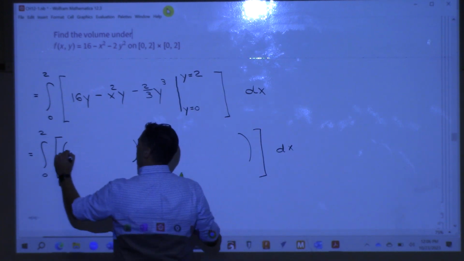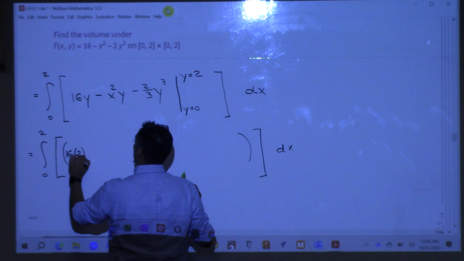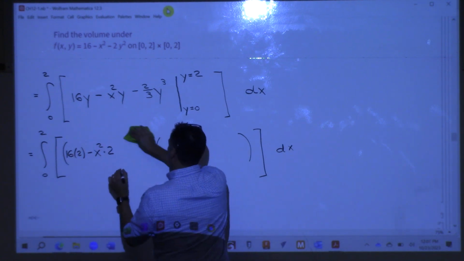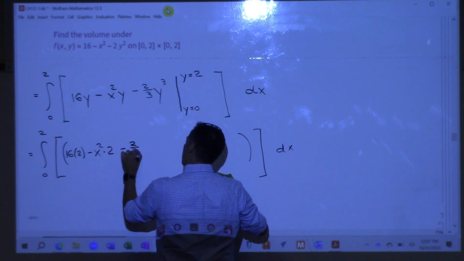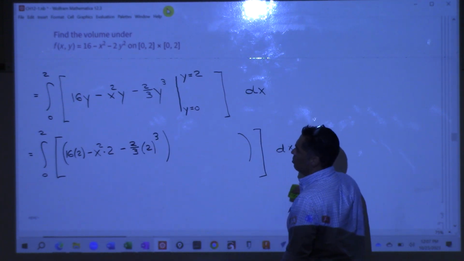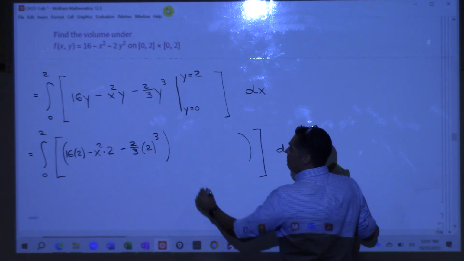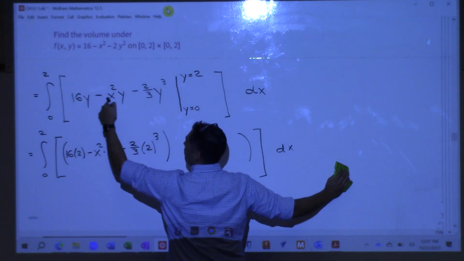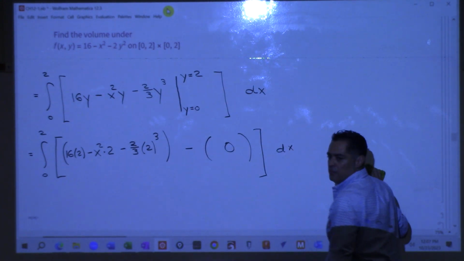Let's do that. 16 times 2 minus x squared times 2 minus 2/3 times 2 cubed. Right, that's what I get when I plug in 2 for y. Minus, and then this is real nice, isn't it? When you plug in y equals 0, boom, boom, boom, kills them all off, we just get 0.